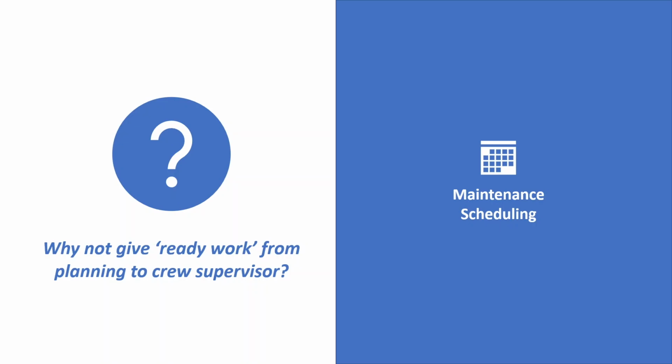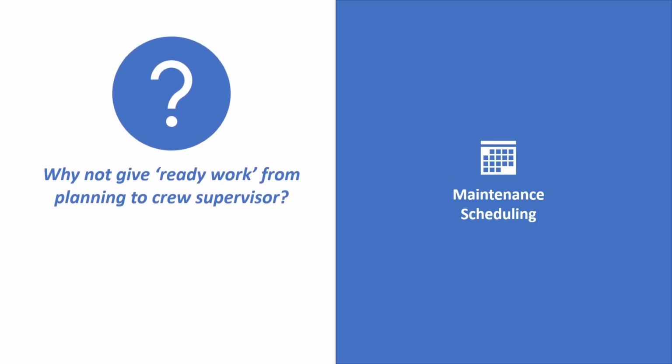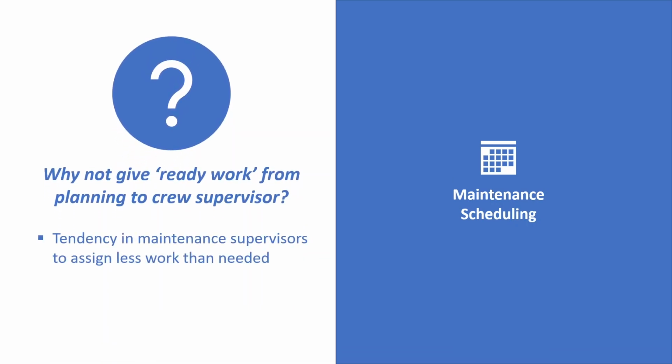Why put another section, that is maintenance scheduling, in between the planning section and the maintenance supervisors? The answer is that industrial experience has shown that maintenance supervisors have the tendency to assign less work to technicians than what they can do.